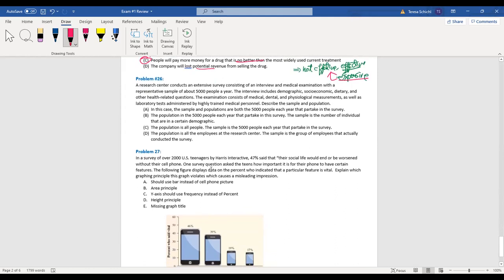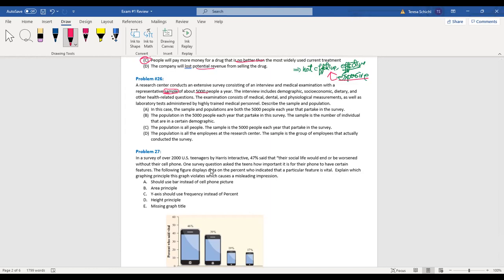Okay, so now number 26. A research center conducts an extensive survey consisting of an interview and a medical examination with a representative sample of about 5,000 people a year.